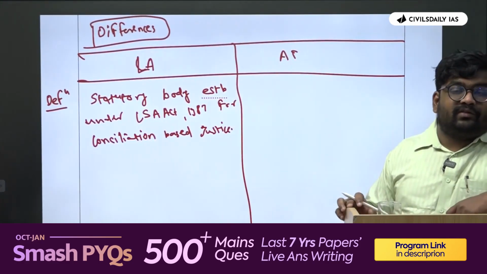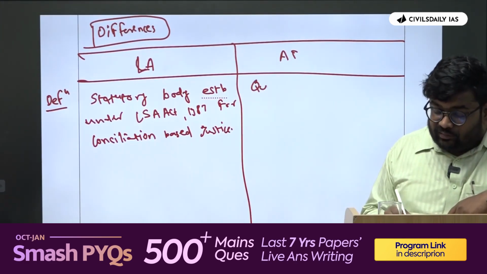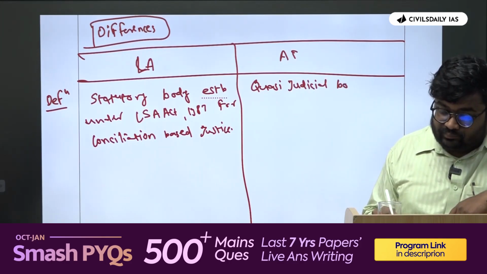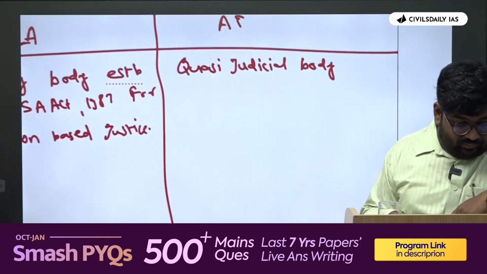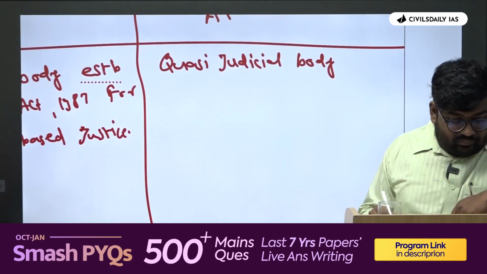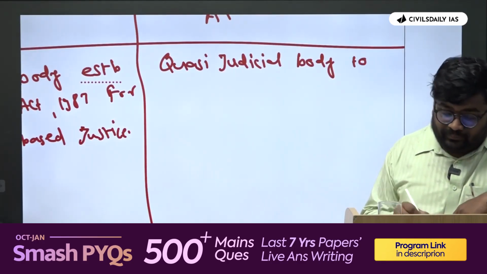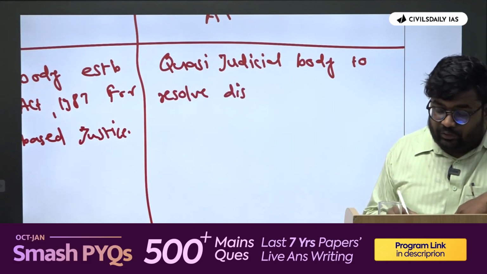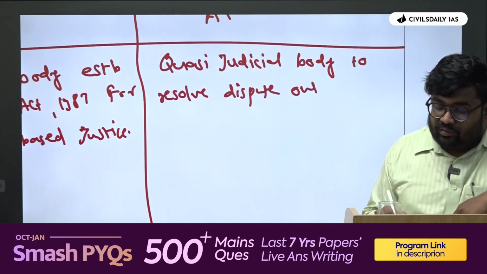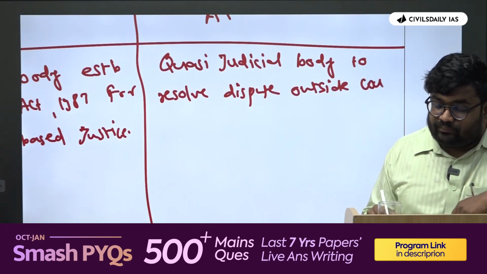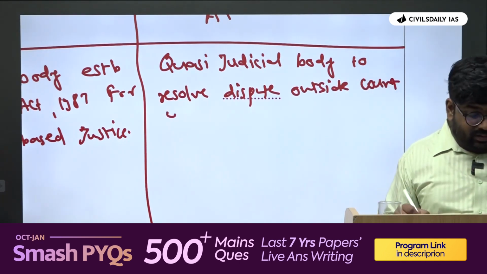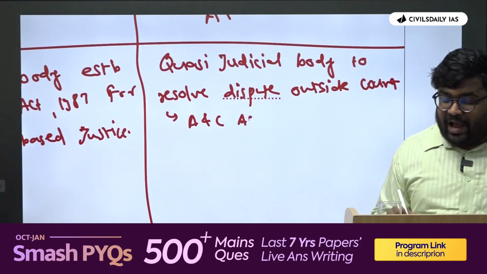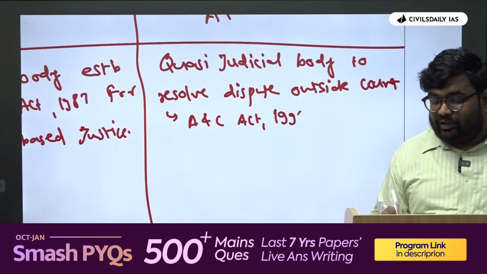With respect to administrative tribunal, it is a quasi-judicial body to resolve disputes outside court and established under the Arbitration and Conciliation Act of 1996.